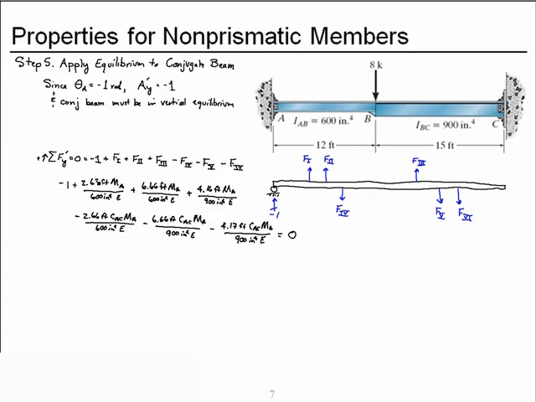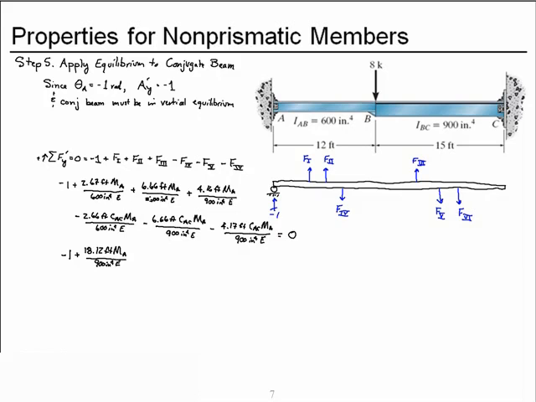Now if I consolidate these terms and then these terms, I get minus 1 plus 18.12 feet times MA over 900 inches to the fourth times E. And so to combine these, I had to multiply each of these two by 1.5 so that I could get the denominators 900 inches to the fourth as well.